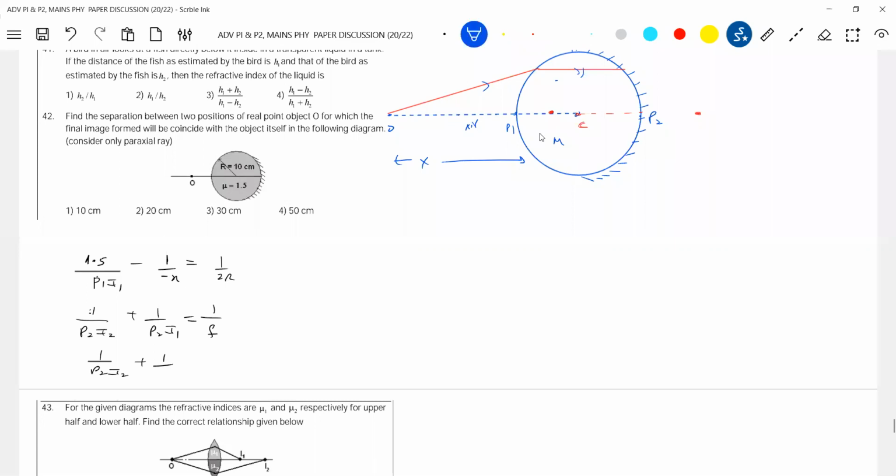By the principle of reversibility of light, this can happen, no? If the rays are incident parallel, there should be incident normal. After refraction on the concave mirror, the ray should be incident normal. Then the image should be formed at the center of curvature I1. I'll start with the ray diagram, it will be much easier.